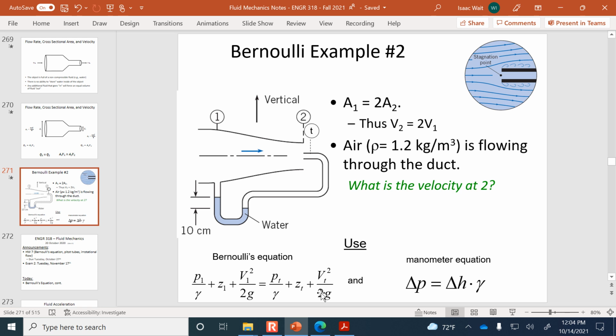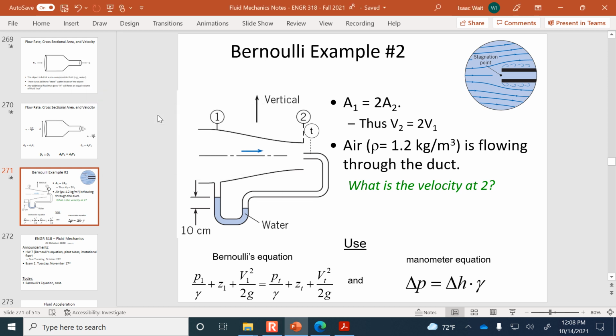But this manometer equation can be rearranged to find the change in pressure between the 2 points. So I'm going to pause for a second. Let's see if you can substitute those 2 things together to find out V2.